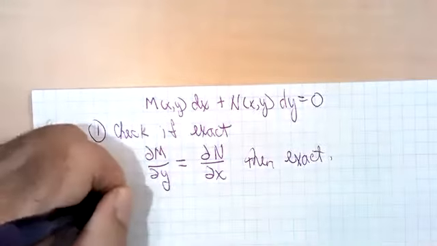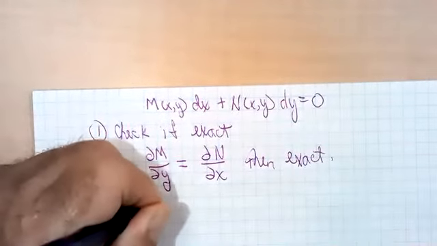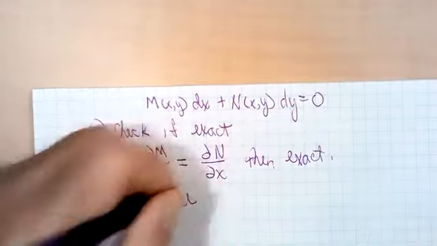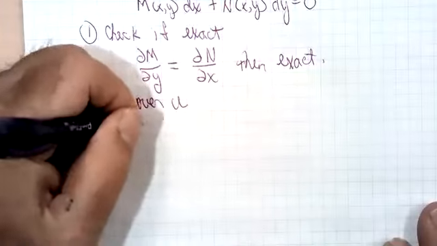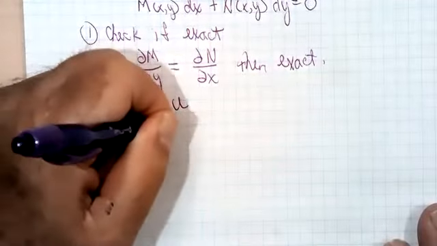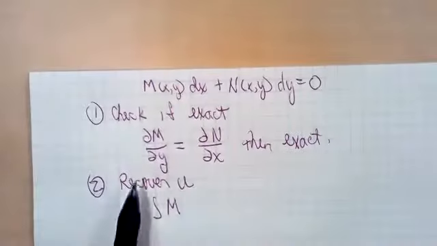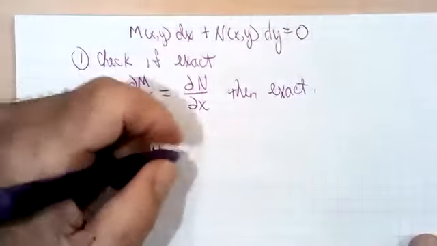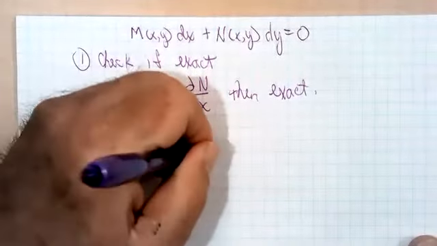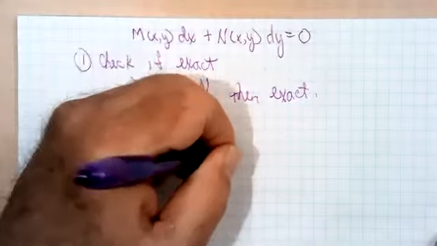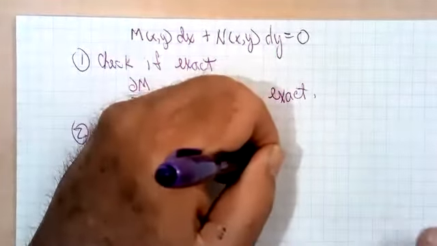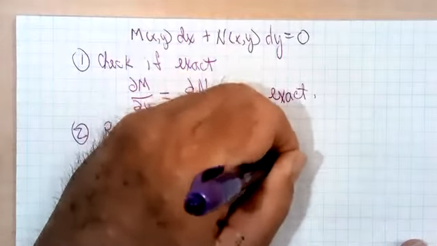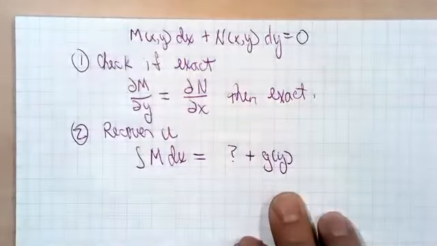Step two: recover u, and the way you get u is this. You take the integral of M with respect to x, and that will give you something that you want, plus any function of y alone.